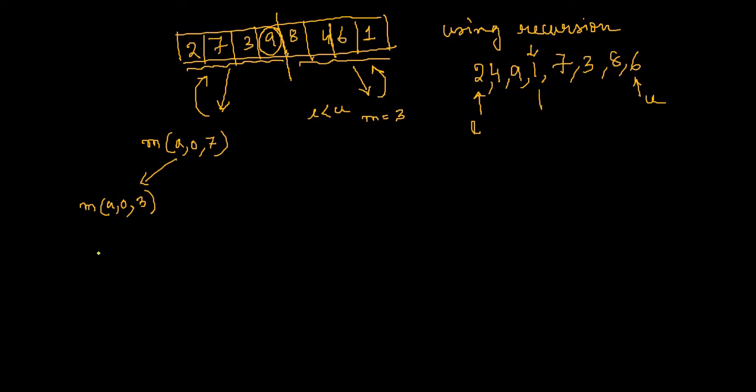So in this particular part, this is U. If this is U, then L plus U by 2, that means 0, L is lesser than U again, still in this part. So 0 plus 3 by 2, that means M is now equal to 1.